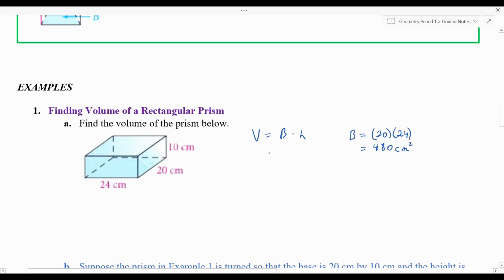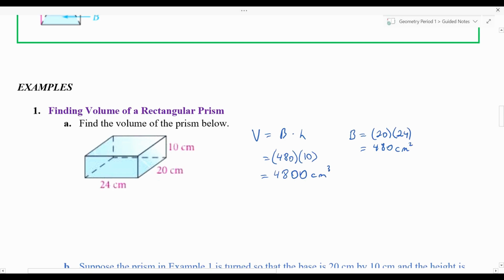Now we come back to volume and plug in B, which is 480, times my height, which happens to be 10 centimeters. When we multiply those, we get 4,800. The units are still centimeters, but since we're dealing with volume, it's centimeters cubed.